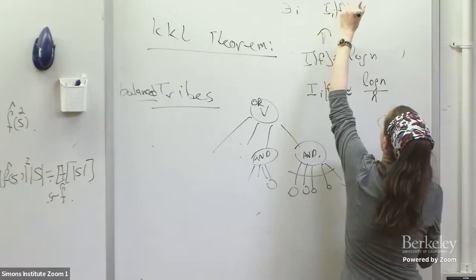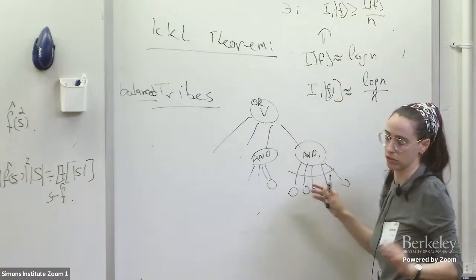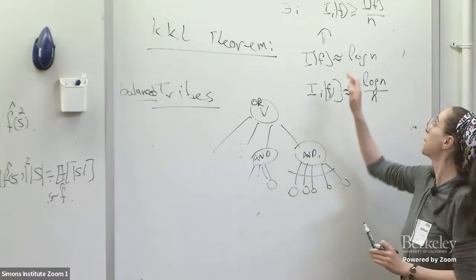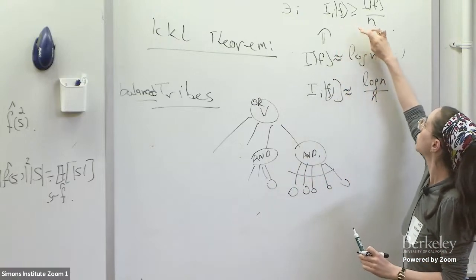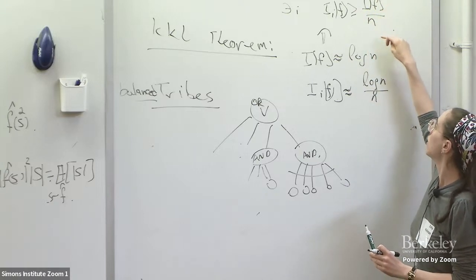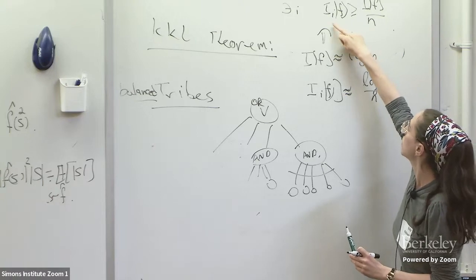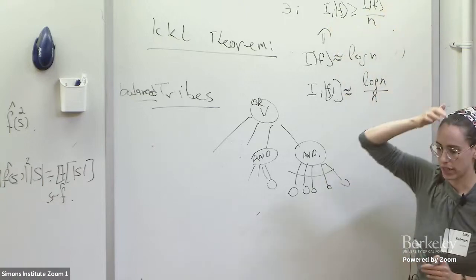This is very trivial, right? Total influence at least n times that, just because it's a summation. So if you have, for example, total influence log n, then you have an individual influence at least log n over n.